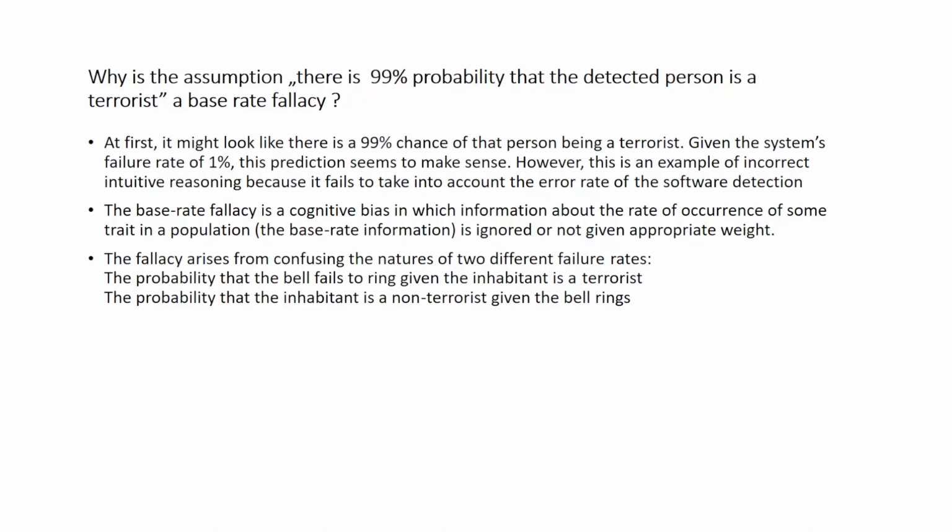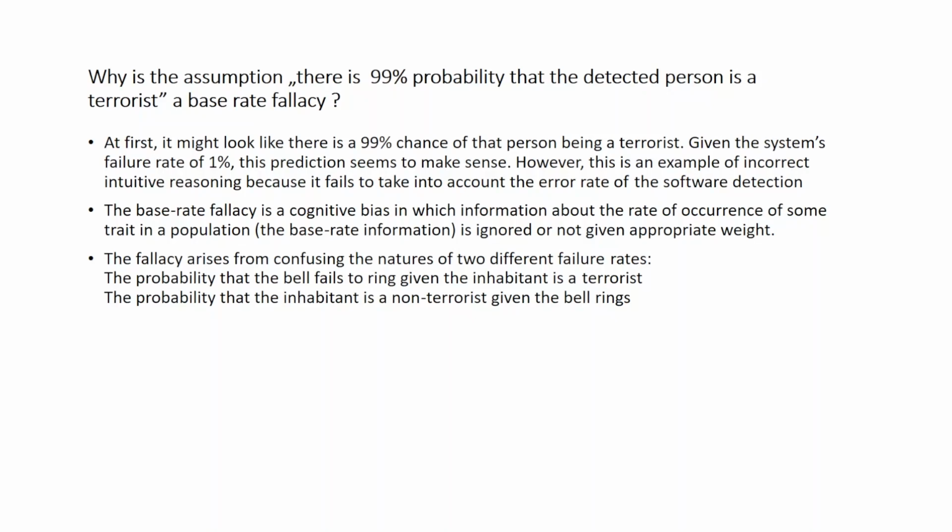First, it seems logical, because we've said that when the camera sees a terrorist, there's a 99% probability that it would catch this terrorist, or scan and identify it. However, this is an example of incorrect intuitive reasoning, because it fails to take into account the error rate of the software detection.